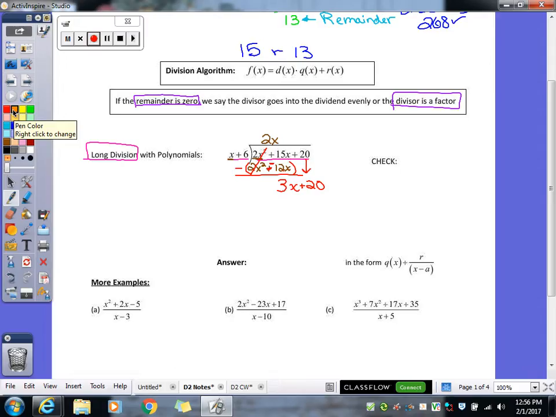So now we're going to deal with 3x plus 20. What do I have to multiply x times to make it a 3x? 3. So I put my plus 3 up here. So 3 times x gives me 3x. 3 times 6 gives me a plus 18.